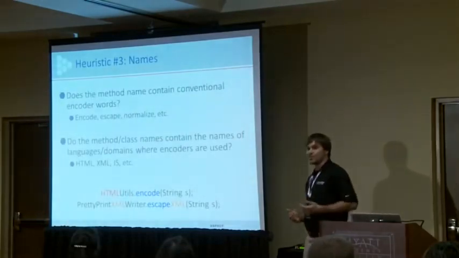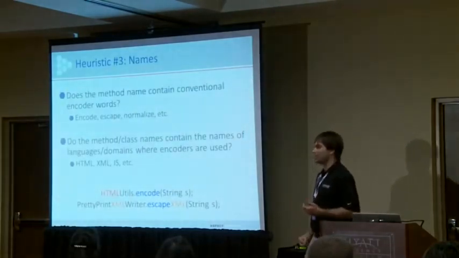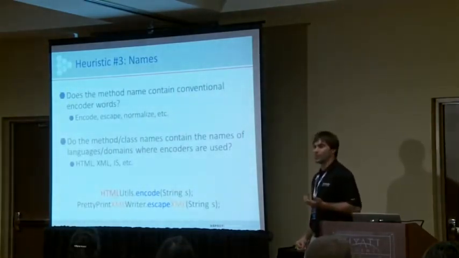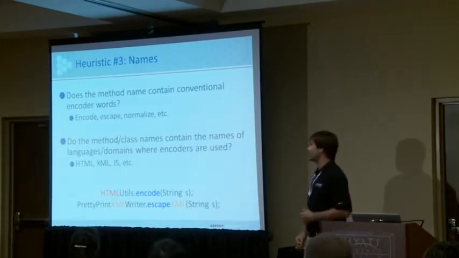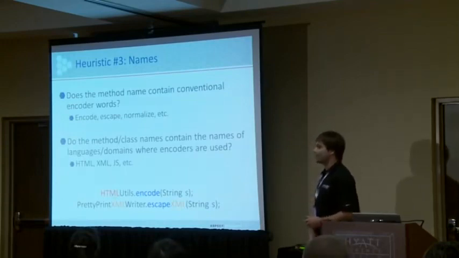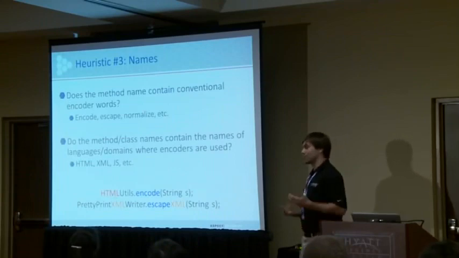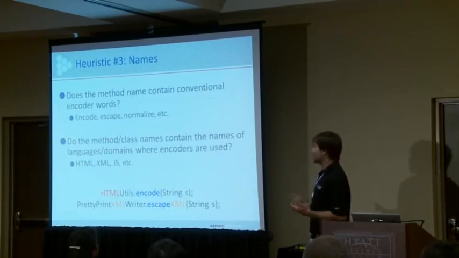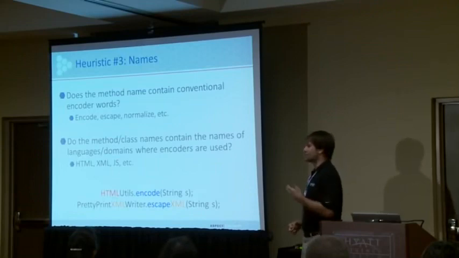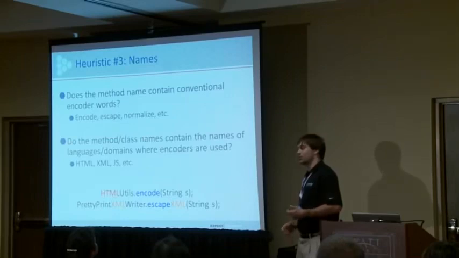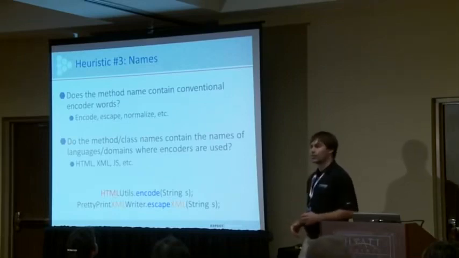The third heuristic almost seems too simple to be effective, but actually we found that it was one of the most effective things at finding which methods were encoders, and that's naming. So most people are pretty conventional with the names they use for encoding type methods. We look for several different words that are often used, obviously encode, and then escape, normalize. Several others are used in the vast majority of encoder methods.